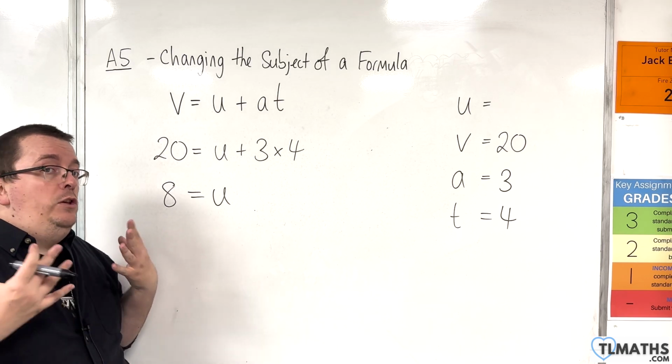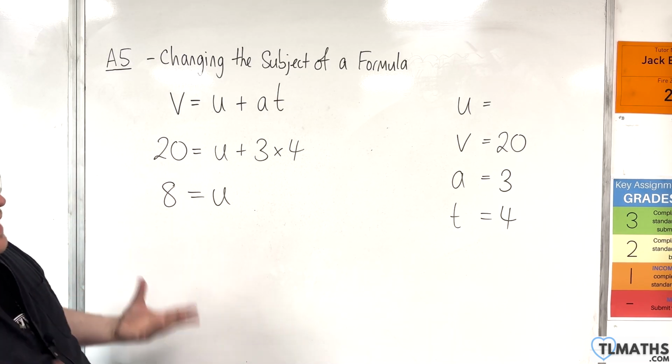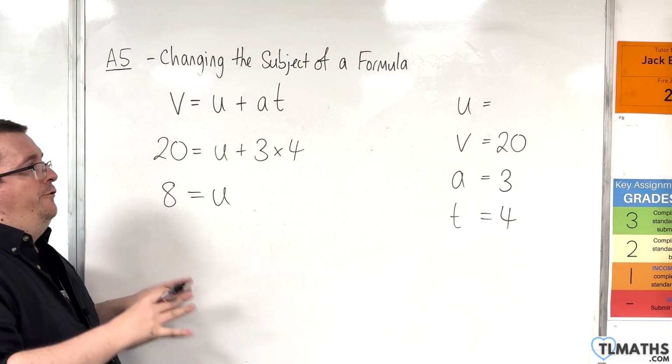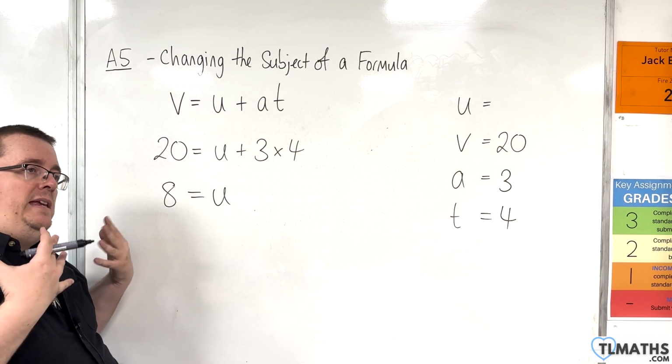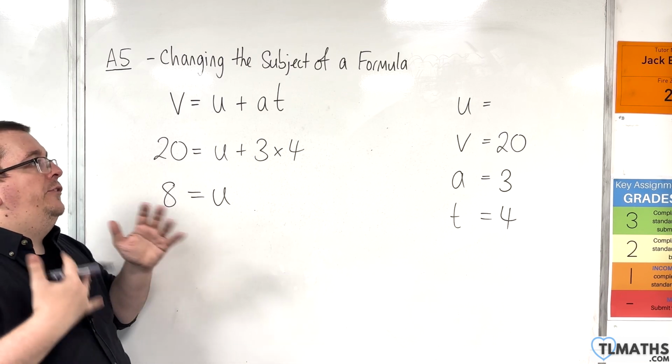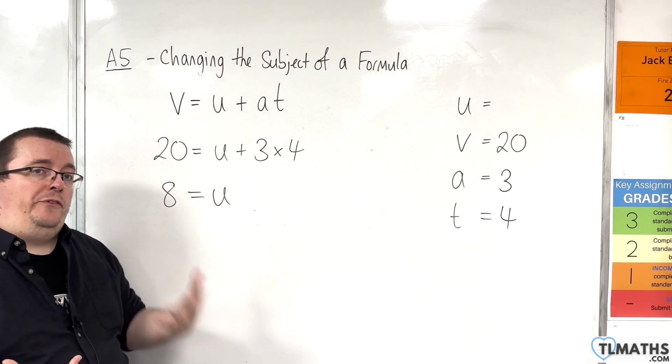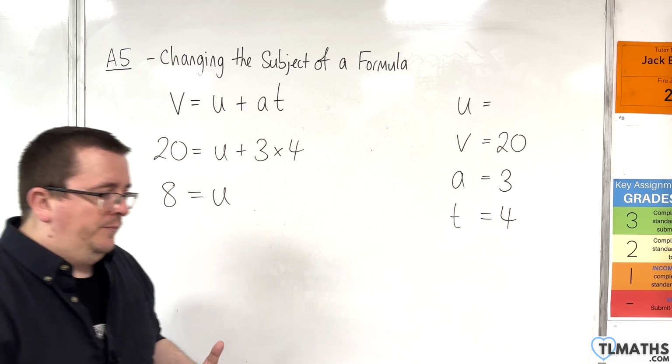And I'm not saying that you can't. But there are formulae much more complicated than this where it would be useful if I instead had made U the subject of the formula.